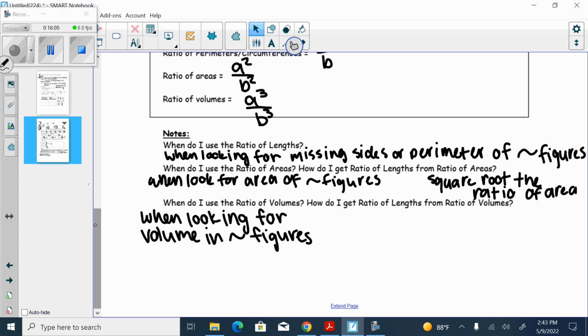And it asks, how would you get to a ratio of lengths from a ratio of volumes? So we said to turn it into volume, we cube it. So to go back, we would do like the 3 and then the square root. So it's called a cube root. Yes, that's exactly what we would do. So cube root the ratio of the volumes.